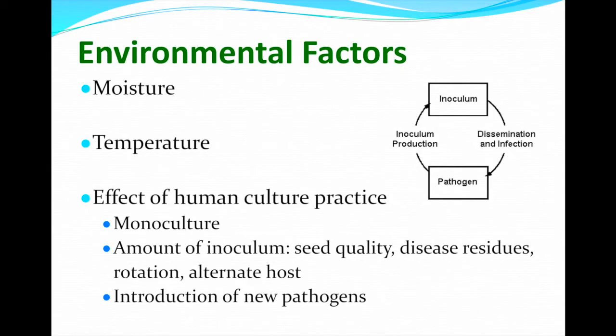Are we leaving behind diseased residues in our gardens? Pieces of plant material full of inoculum of a pathogen that's just waiting for us to plant another plant of that same cultivar in that same spot, which we tend to like to do, and we then give it a food source.